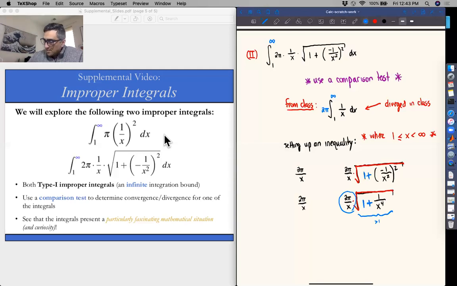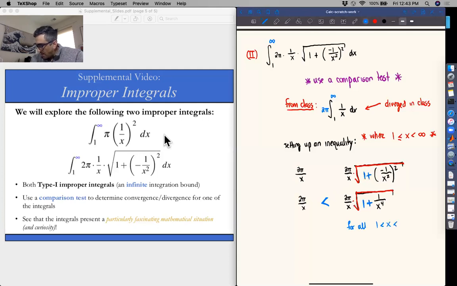So what this means is, basically our inequality that we come to is that the right-hand side must be greater than the left-hand side for all x between 1 and infinity.